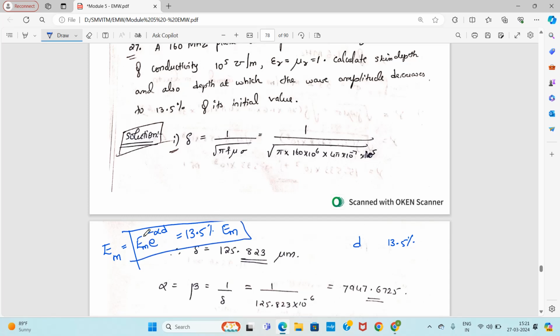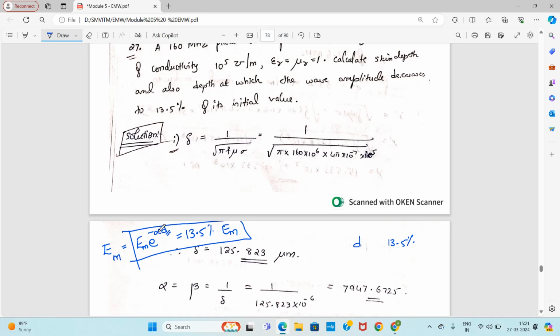This is the actual value multiplied by the attenuation factor. So at a certain distance d, the overall value of the amplitude is reduced to 13.5% of its maximum value. I need to find out what is the depth at which this is happening.